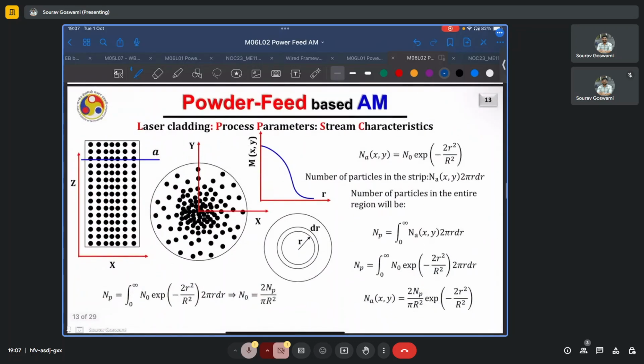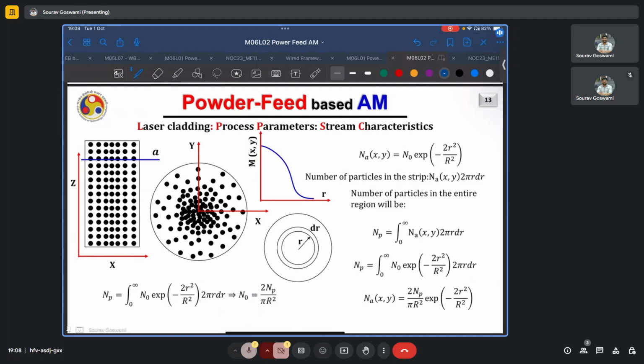However, n naught is still unknown. But what we can know is the total number of particles in the region, and we can correlate the two. So if we want to find the total number of particles in the strip, we can find the number of particles in a small ring-like or strip-like region at a distance r and a thickness dr, and integrate it from 0 to infinity, because remember, because of the asymptotic nature of this Gaussian distribution, it is expected that even at infinity there might be some powder particles present. 95% of them will be within the radius of 1 by e square, but even at infinity some particles may still be present.